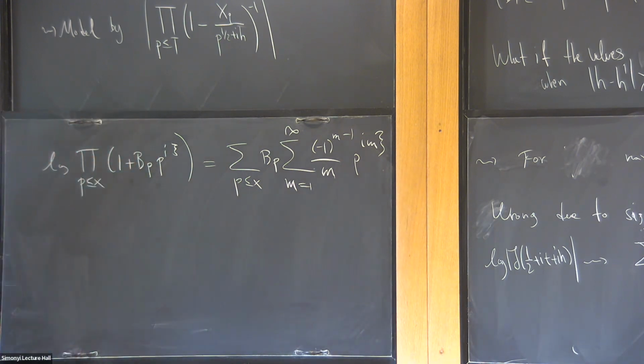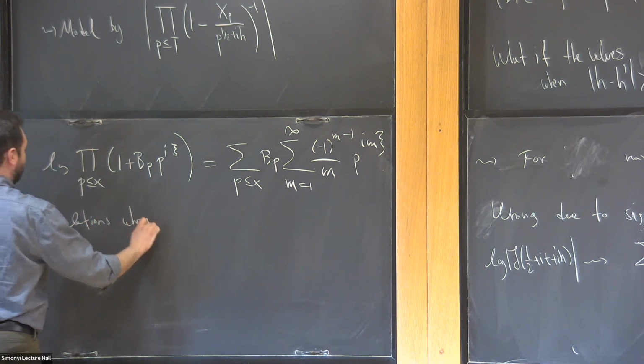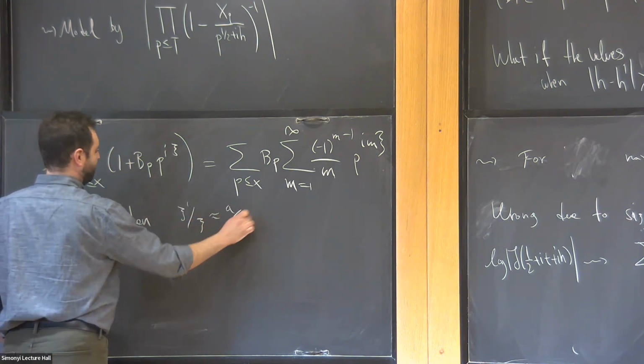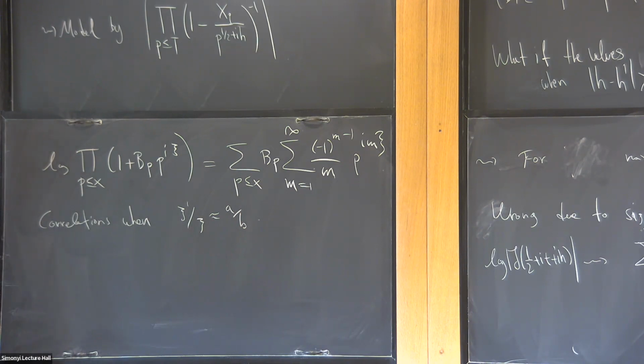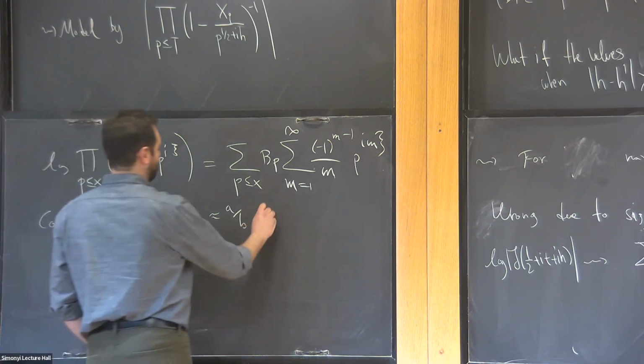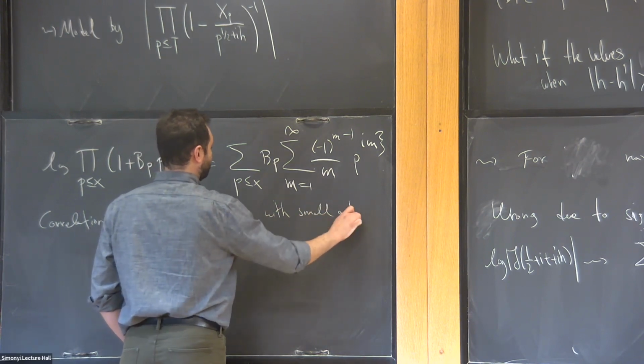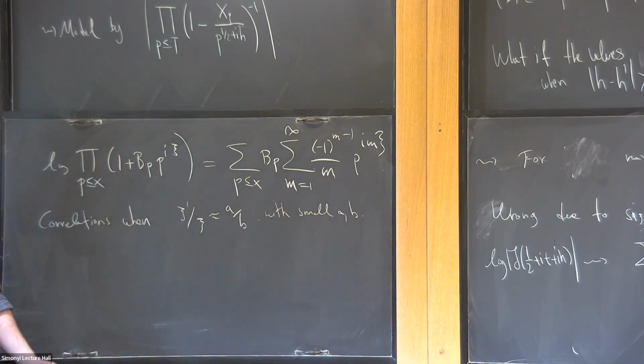And so this is going to give you correlations when x prime over x is close to a fraction of small denominator and small numerator. So you have to worry about a lot more things being correlated.